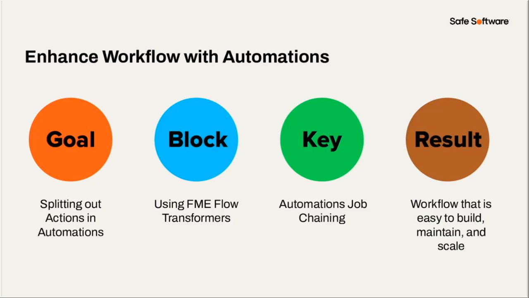It can be tedious in the beginning, but it'll be better for scaling and maintenance in the long run. And in the future, with automations job chaining, it'll be easier to, once again, share with your team and maintain and build out that way. So ultimately, it'll result in a workflow that's easy to build, maintain, and scale.